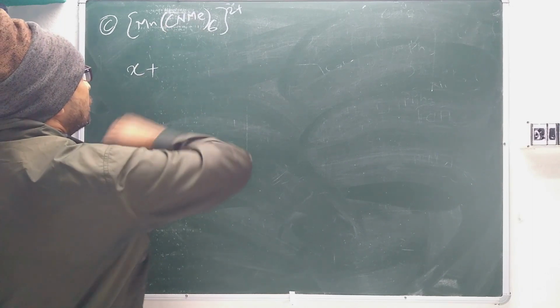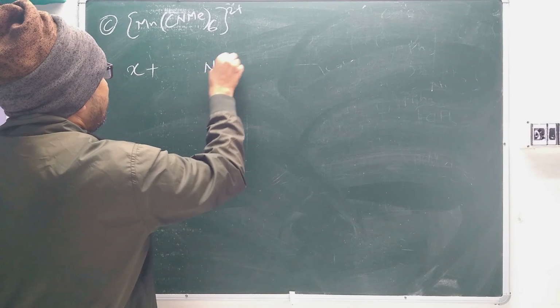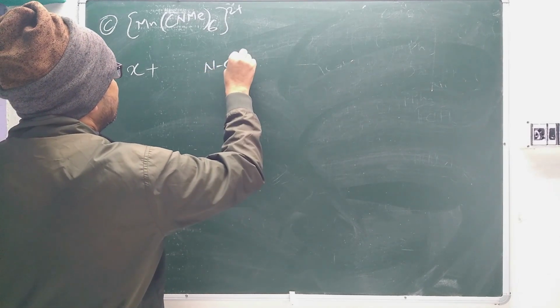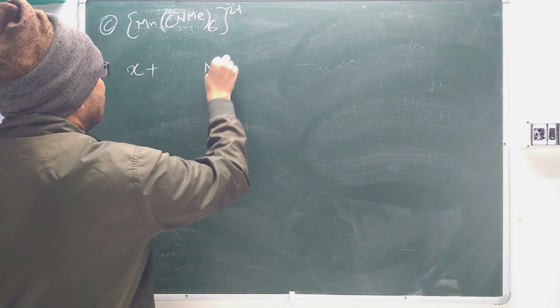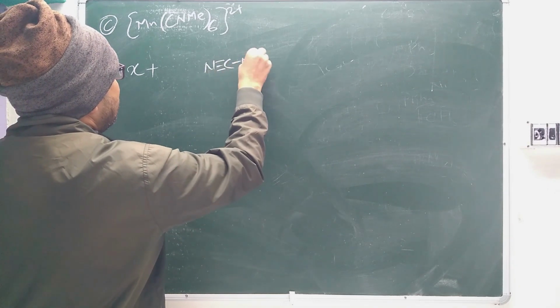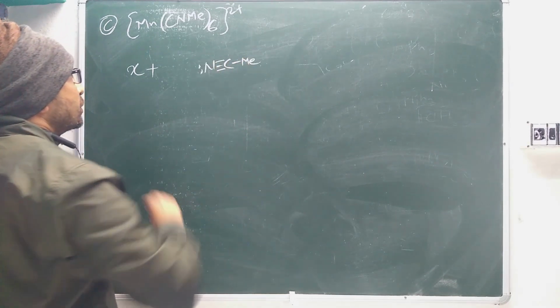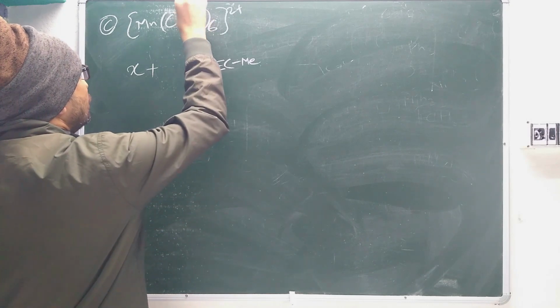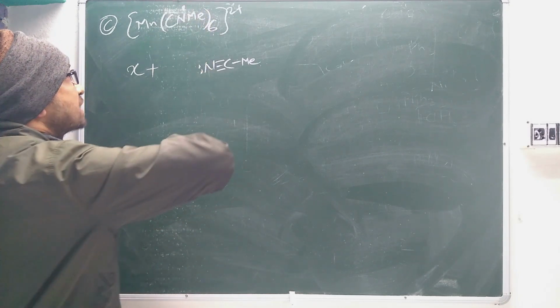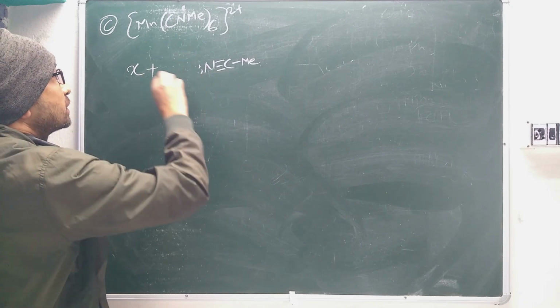Just draw this molecule, CN. This lone pair will contribute. So here there won't be any charge. It is 0 charge contribution, but 2 electrons it is contributing.